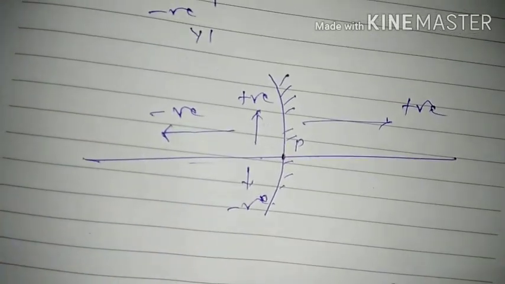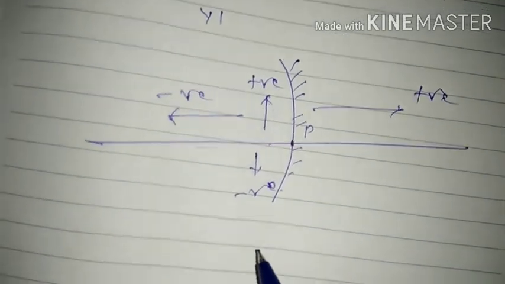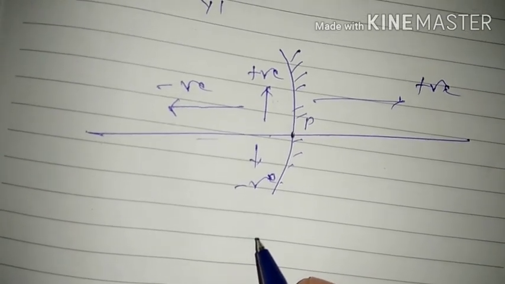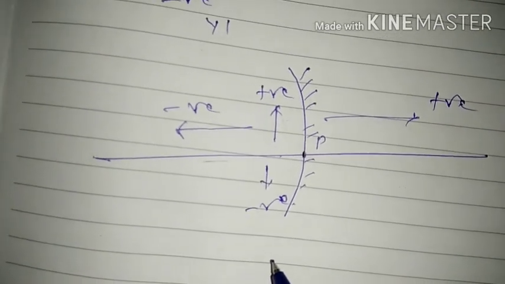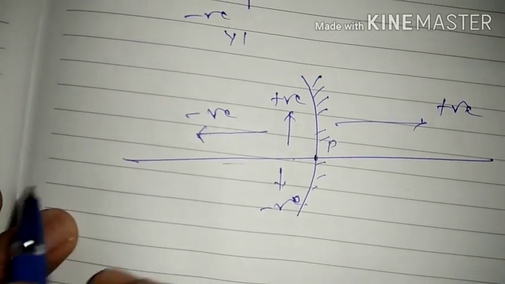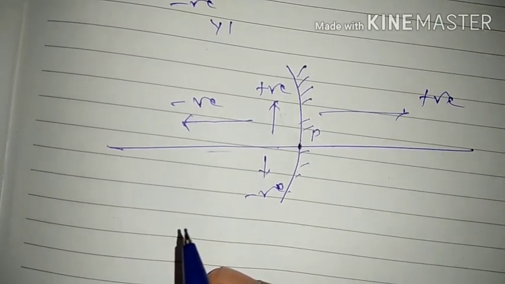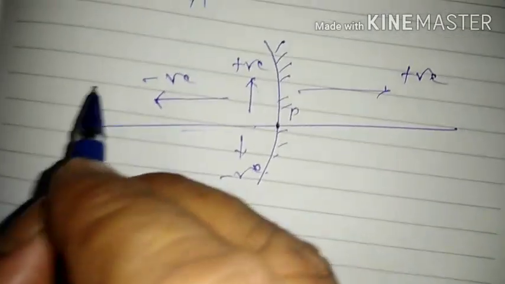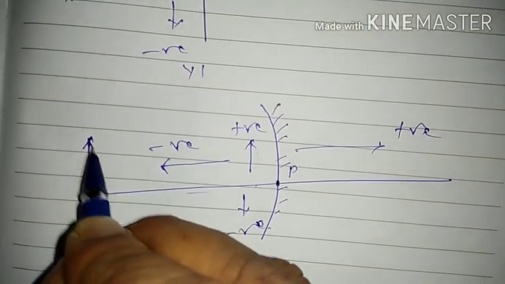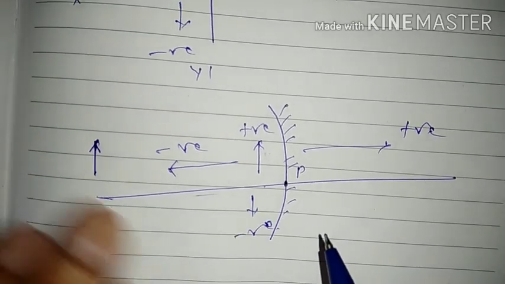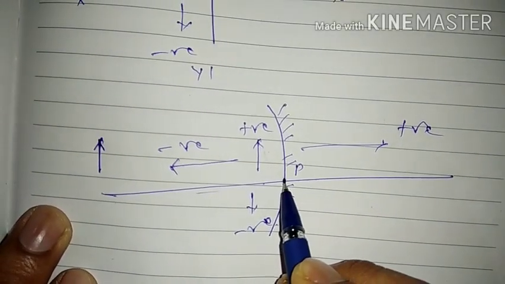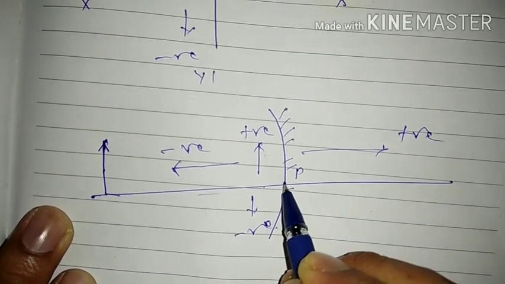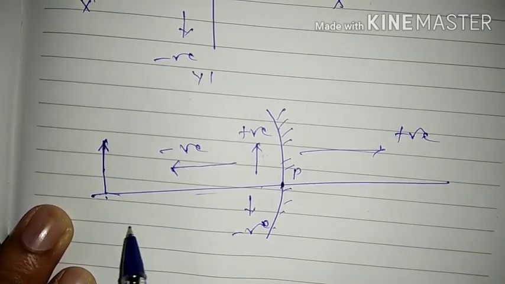Now, how will it be fruitful for me during solving numericals? As in our last class we had seen, according to the new Cartesian convention, objects are always taken left of the mirror. And the distance of the object from the pole is called object distance.